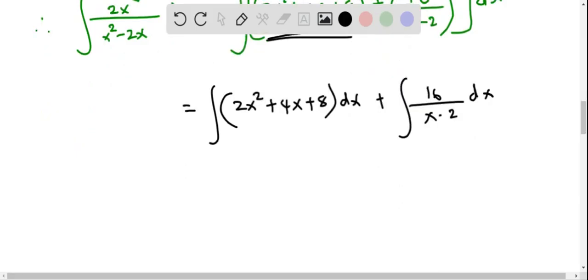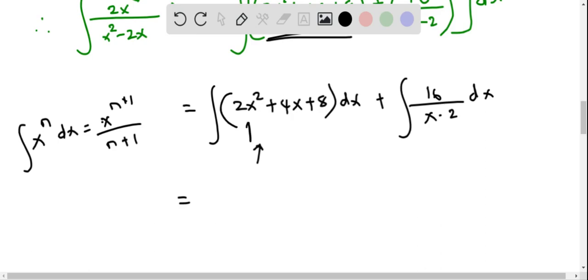Now we can integrate this first integral. Since this is a polynomial, we can integrate term by term. So we use the power rule of integration, that is the integral of x^n dx equals x^(n+1) divided by n plus 1. Using this rule, we integrate the terms one by one.